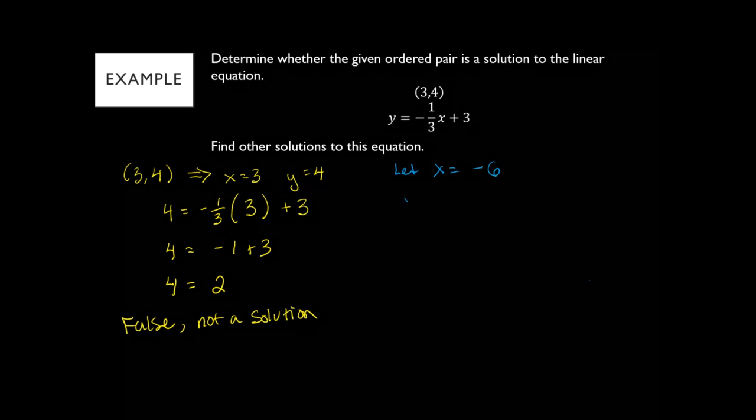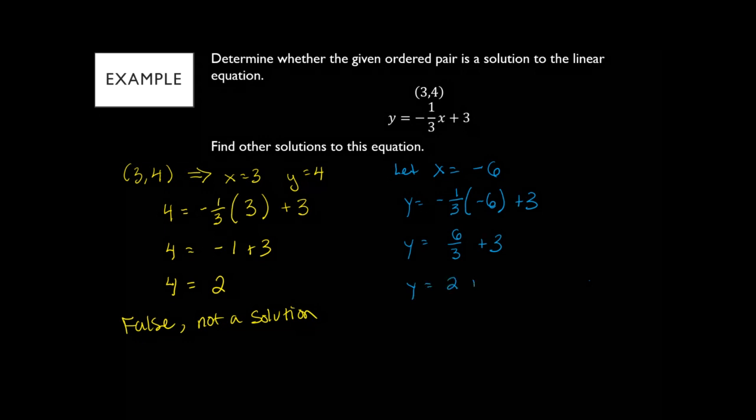So I'm going to plug this into our equation. We have y equals negative 1/3 times negative 6 plus 3. We want to follow the order of operations. A negative times a negative is a positive, and we will get 6/3, because a whole number always gets multiplied with the top number, and 6/3 is 2.